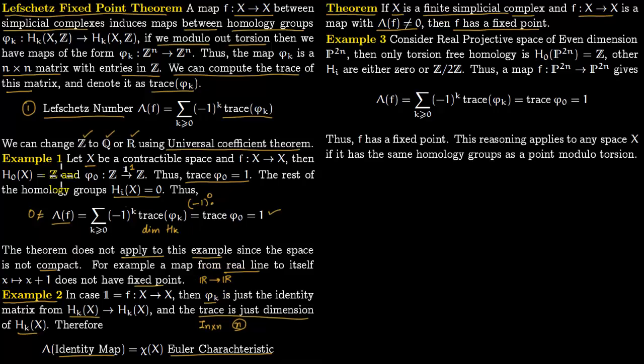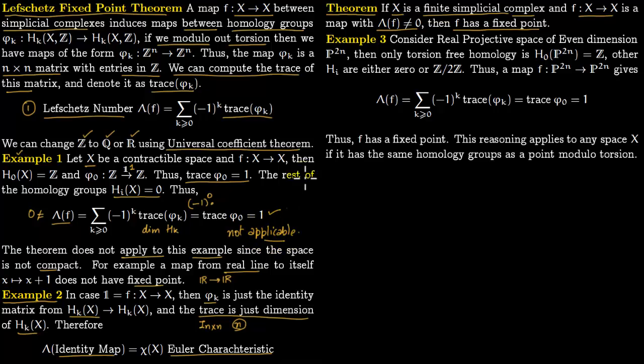Obviously reals are contractible, so this example applies, and then you have lambda of f equals 1. So this is not 0, but it does not have any fixed point, precisely because again we need a finite simplicial complex. We need this compactness condition, which is not available here. So this example is not applicable for our theorem.